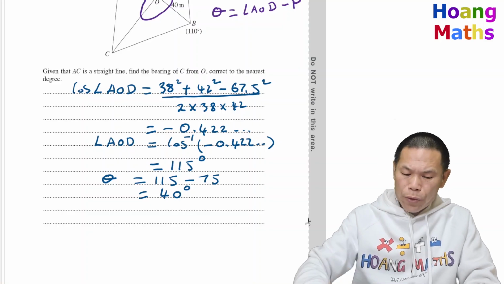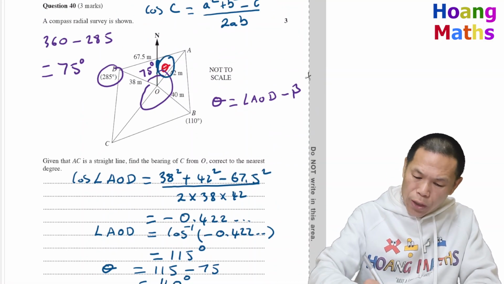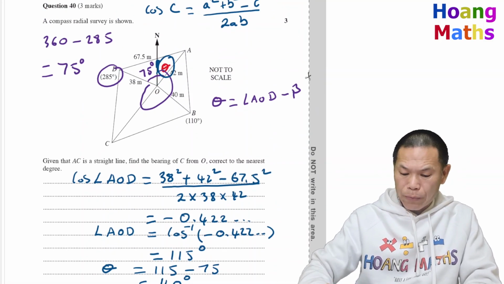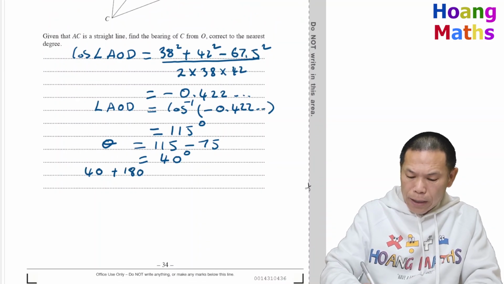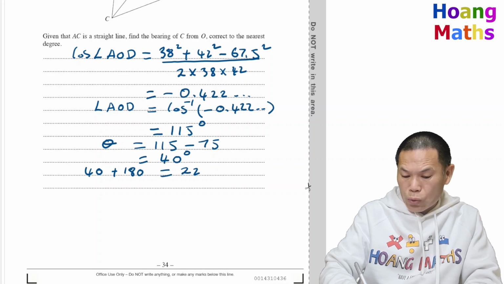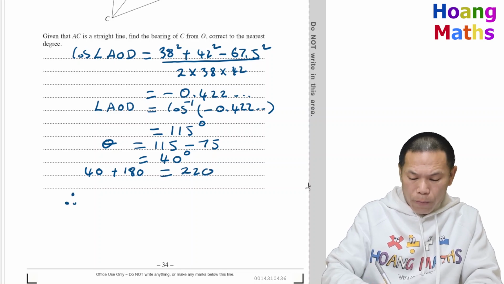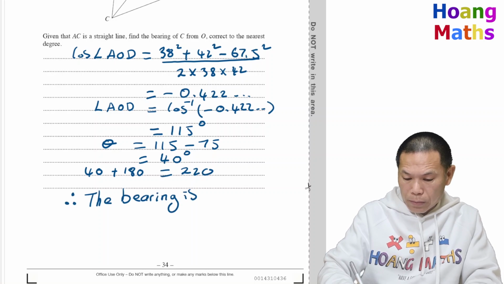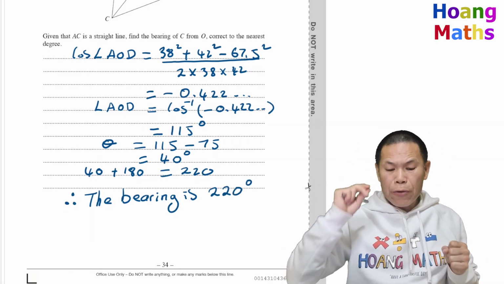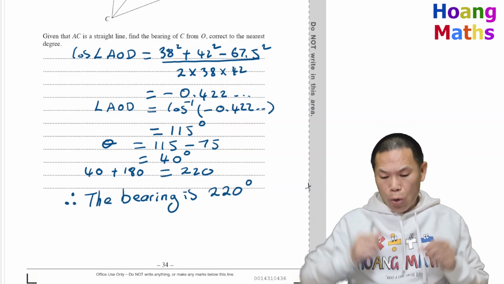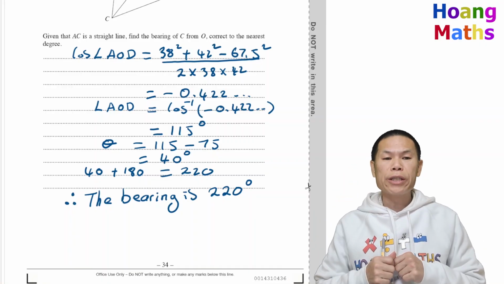Therefore, the bearing is angle theta at 180. Don't forget, that is 40 plus 180 degrees, which gives me 220. So the bearing of C from O is 220 degrees.